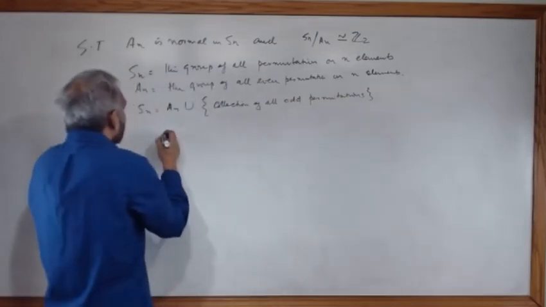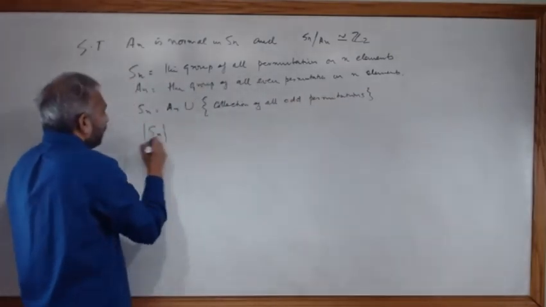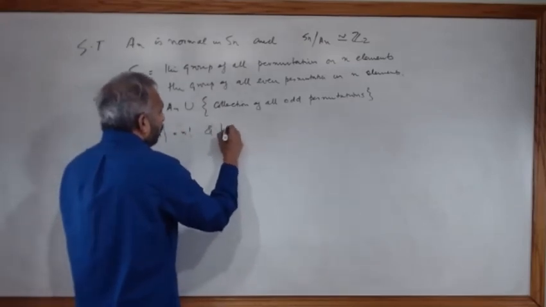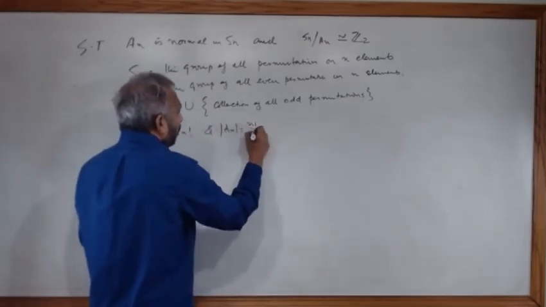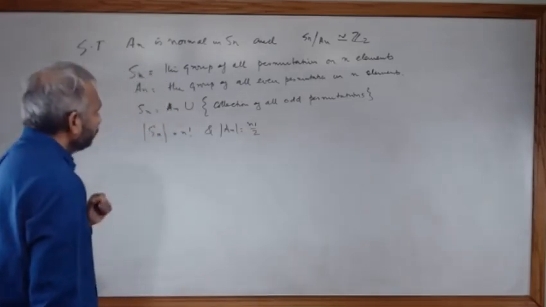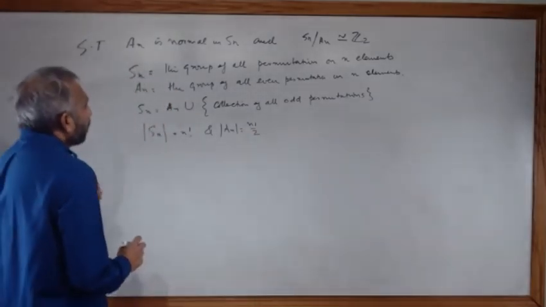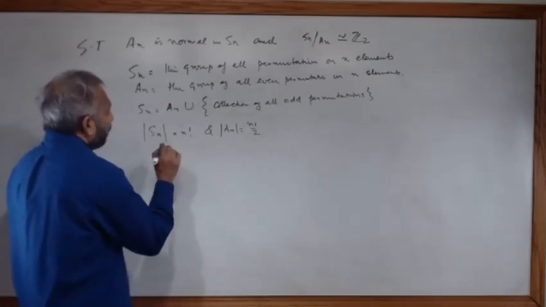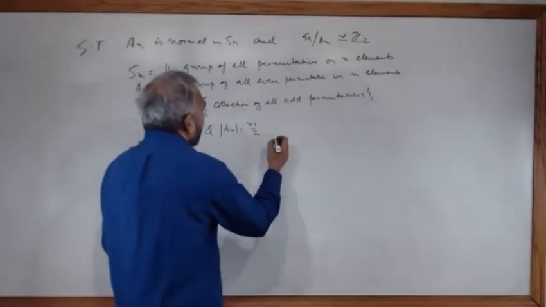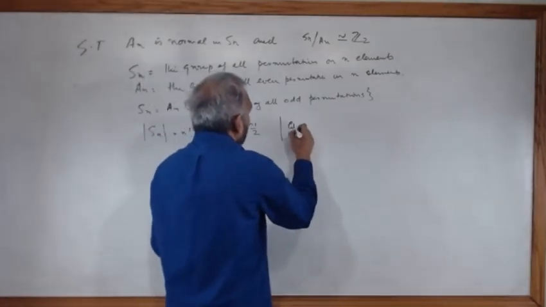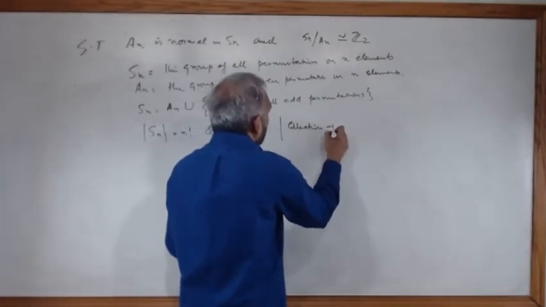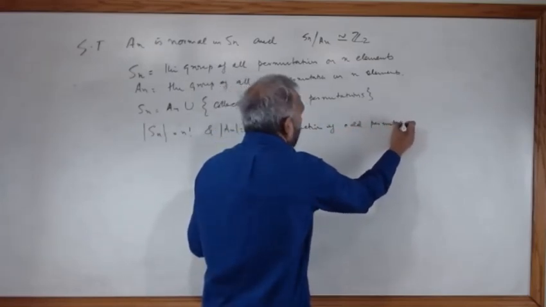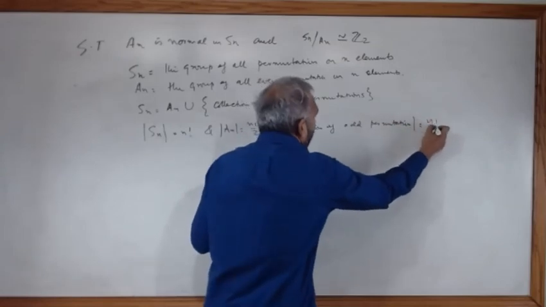And we know that the order of Sn is equal to n factorial and order of An is equal to n factorial by 2. So the order of the collection of odd permutations is also equal to n factorial by 2.